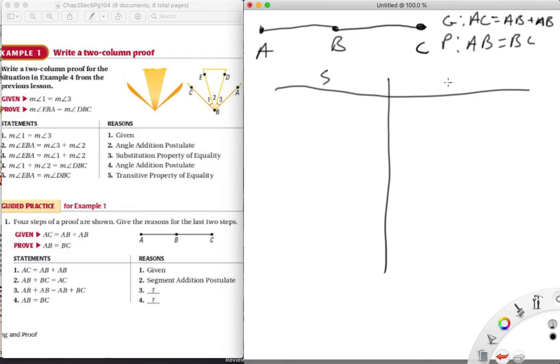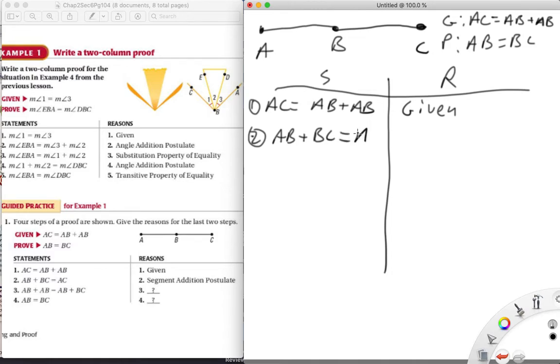Here's my statement, here's my reasoning. The first thing we always start off with is our givens, and in this case it's AC is equal to AB plus AB. Why? Because that's given to us and it's written down there. The second step they give us is AB plus BC is equal to AC, and that's because of the segment addition postulate.